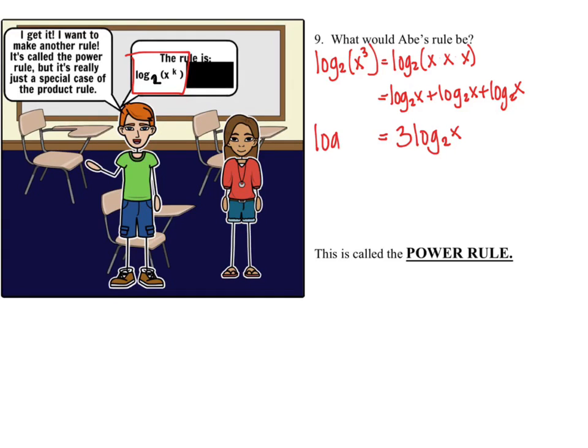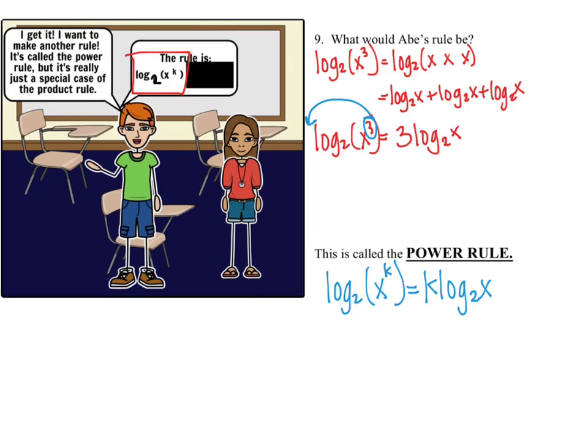I started with log base 2 of x to the 3. This exponent that I have up here, all I did was bring it down to the front. So my power rule says that if I have log of x with an exponent, I can rewrite that as the exponent in front of the log.